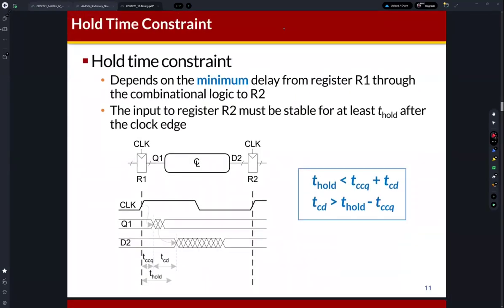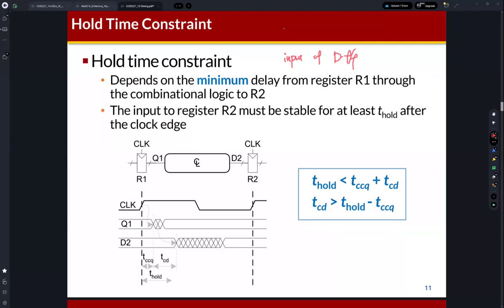Then we need to also consider the hold time constraint. So what is the hold time constraint? The input of the D flip-flop needs to be stable during the hold time from the rising edge of clock.